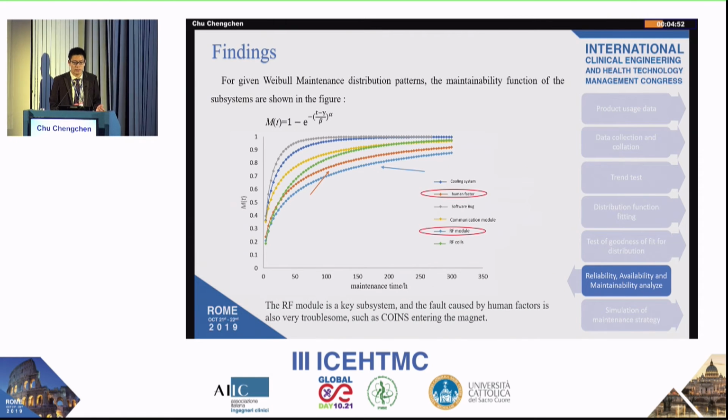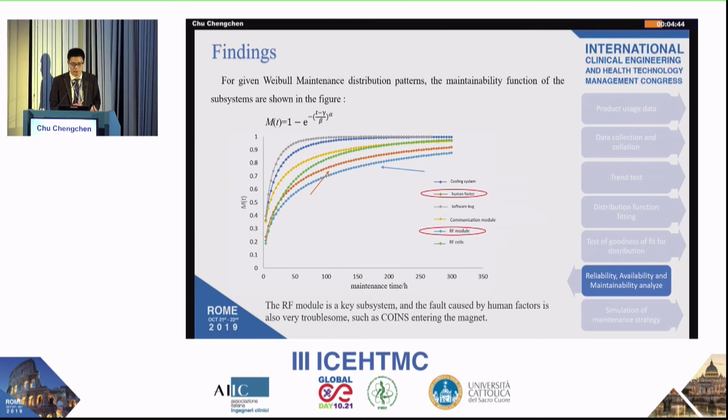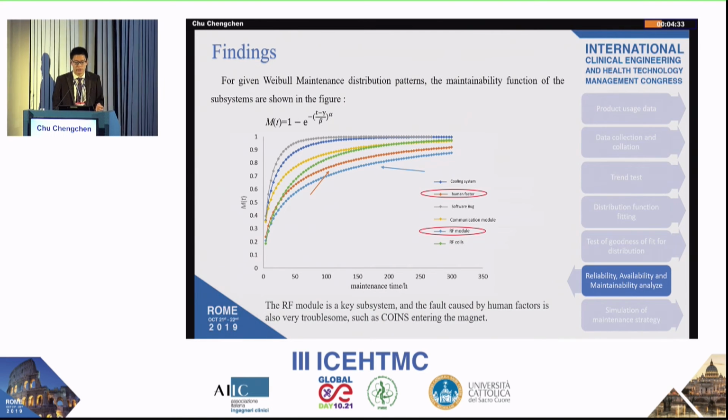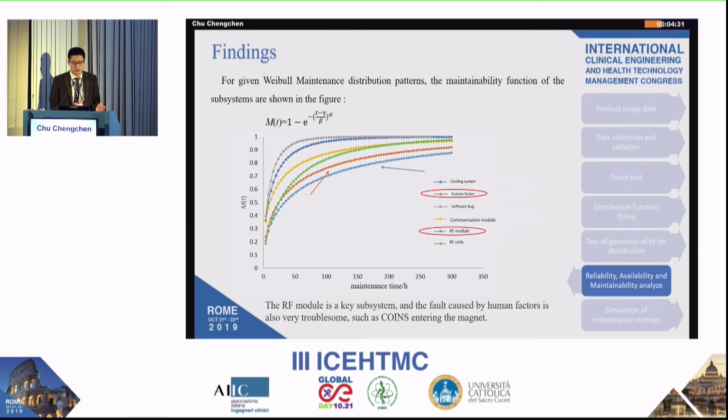Given the Weibull maintenance distribution pattern, the maintenance functions of the subsystems are shown in the figure. We see from the figure that the RF model is the key subsystem, and the fault caused by human factors is very troublesome, such as coins entering the machine.